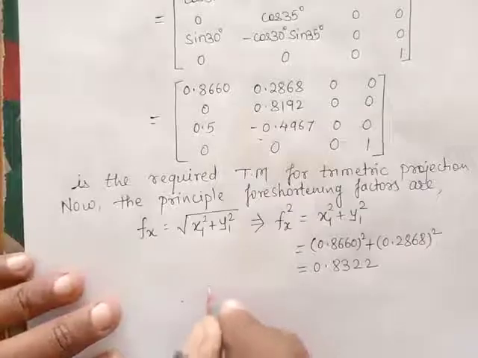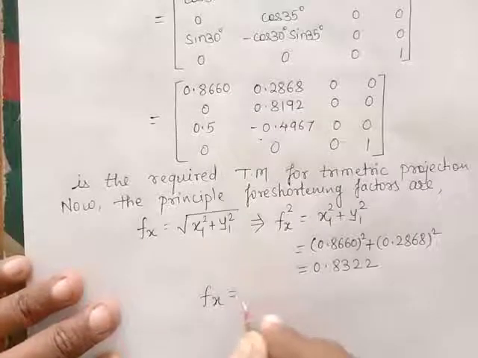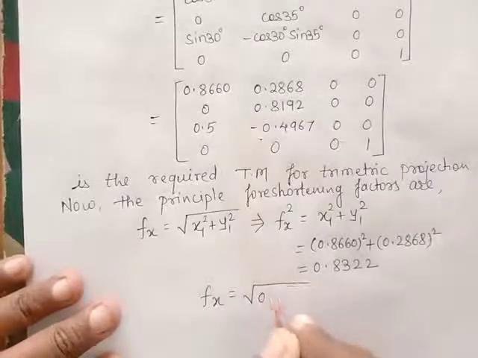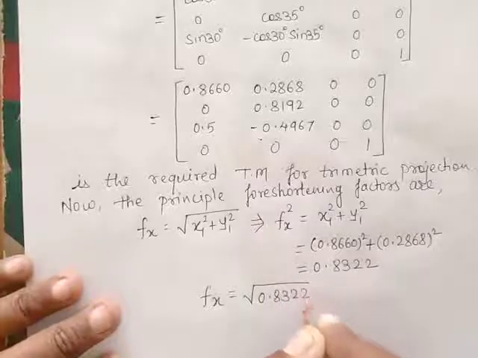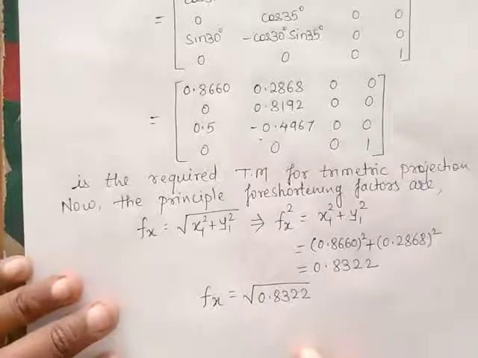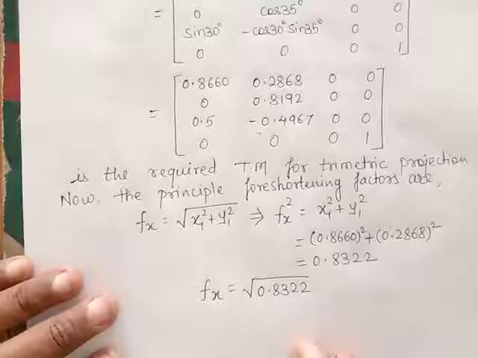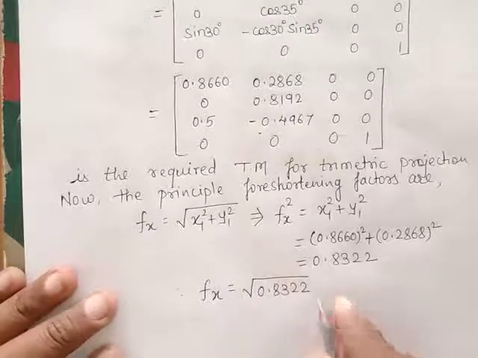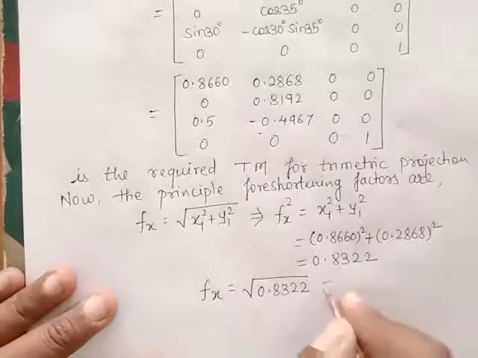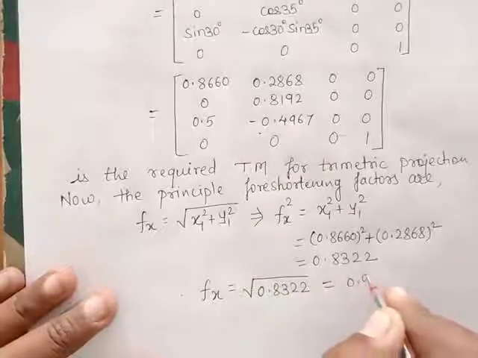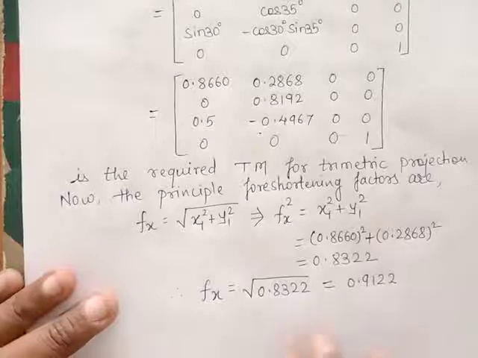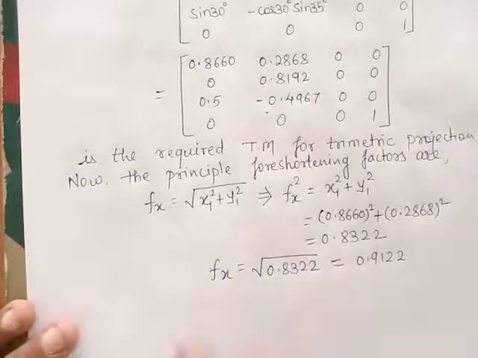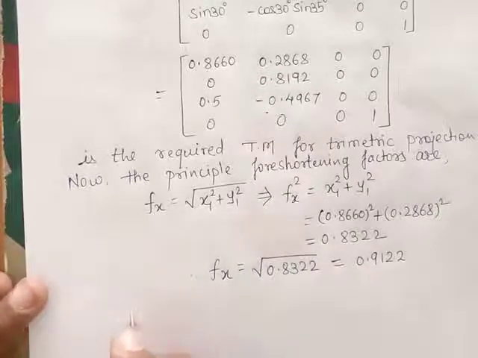Therefore, what is fx? Fx is square root of 0.8322. As it is a ratio of distance, it won't be negative. That's why we will take a positive square root. So that value is what? 0.9122. Similarly, we can determine fy and fz.